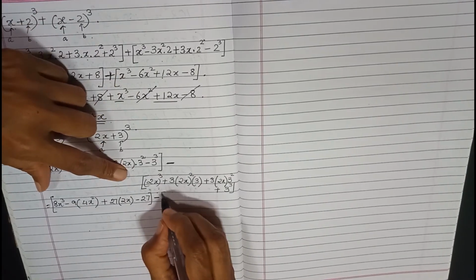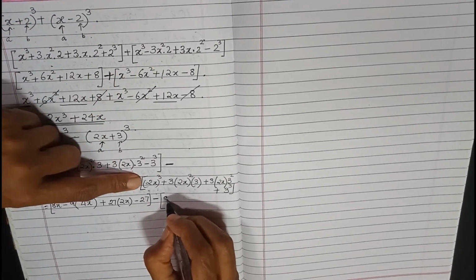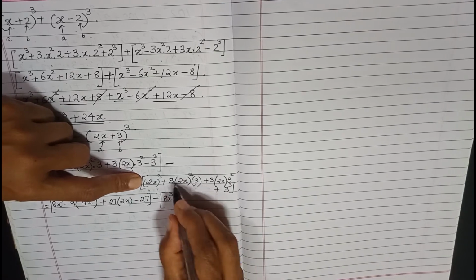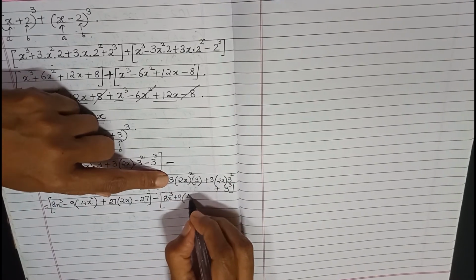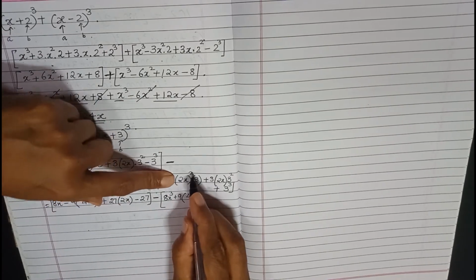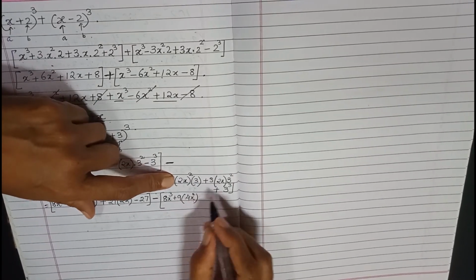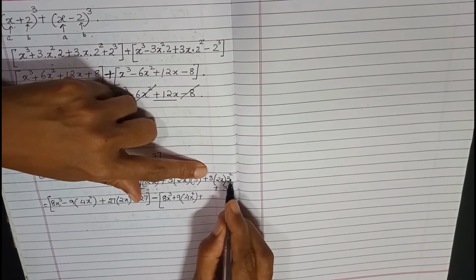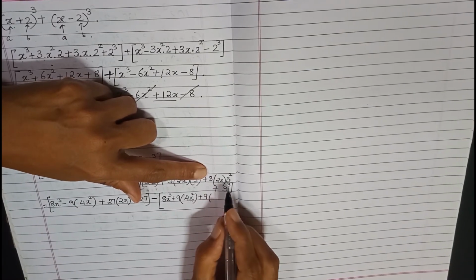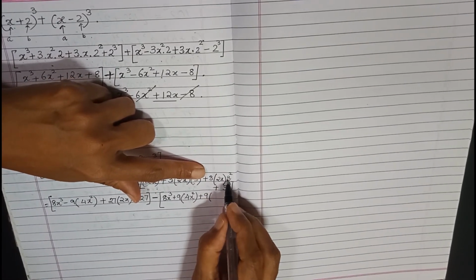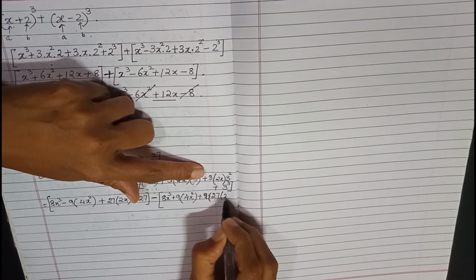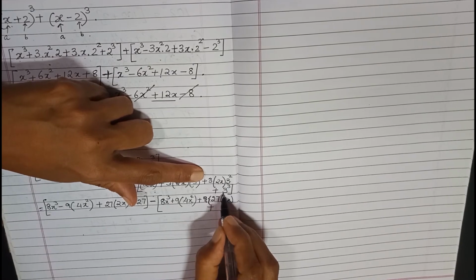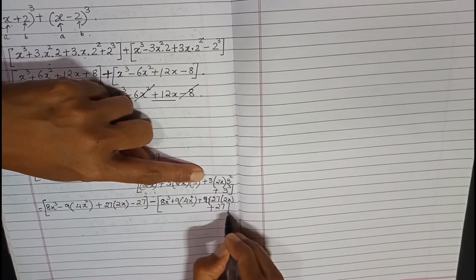Now a minus sign. Let us solve the second bracket. 8x³, 3 3s are 9, and again (2x)² will become 4x². 2² is 4, x into x is x², plus 3 into 3 is 9, 3² is 9, 9 3s are 27 multiplied by 2x, plus 3³ is again 27.